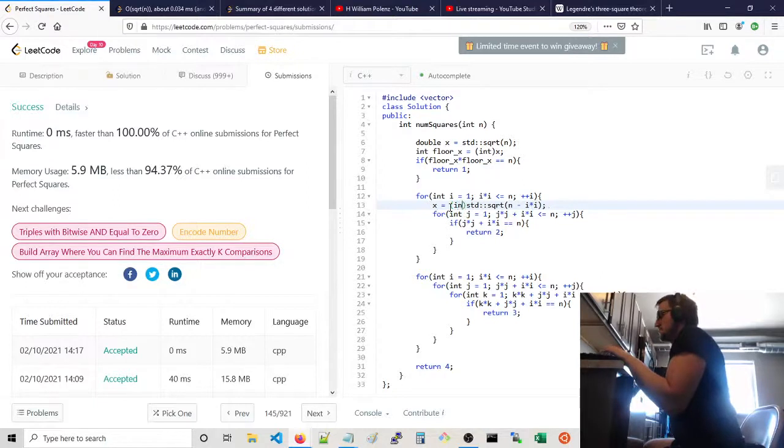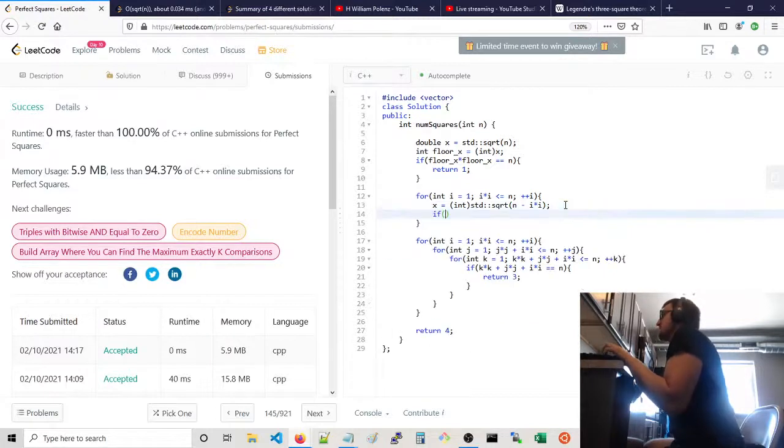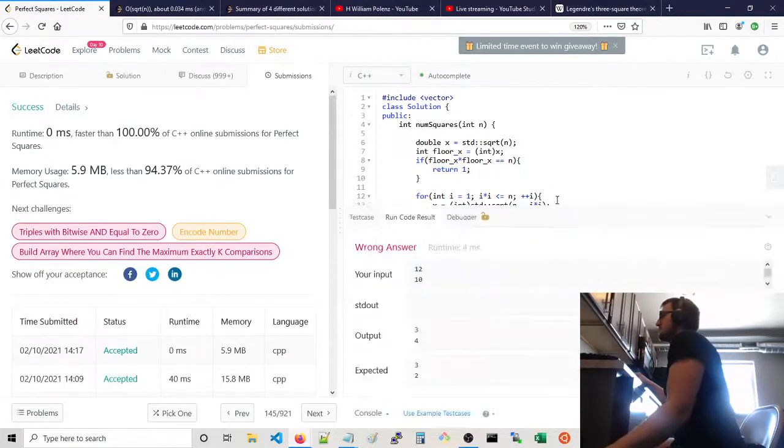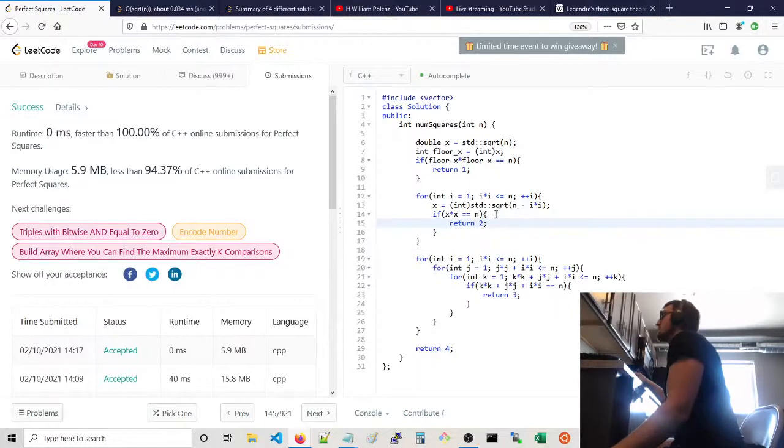Int x, and then say if x times x equals n, return 2. Right, that's a little bit better. Oh, wrong answer. Oh, no kidding. Whoa.